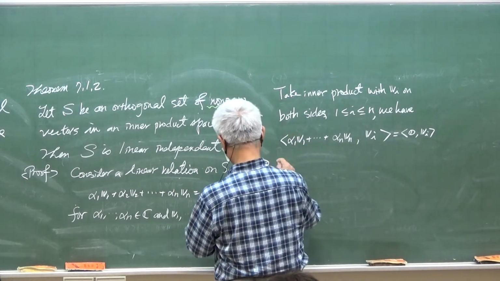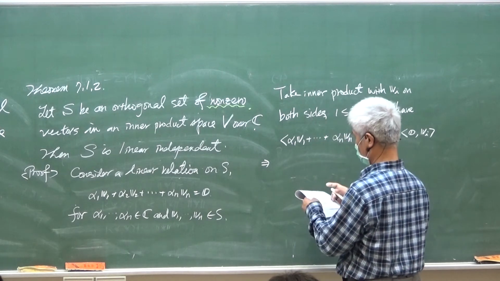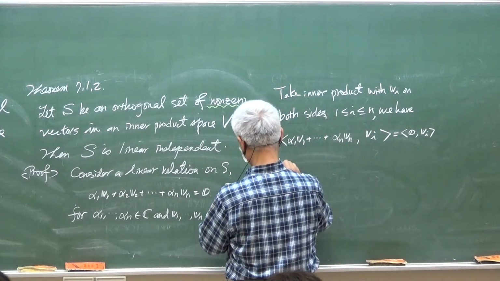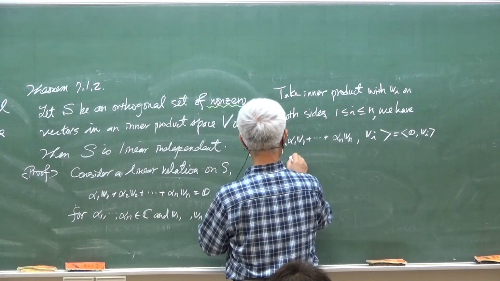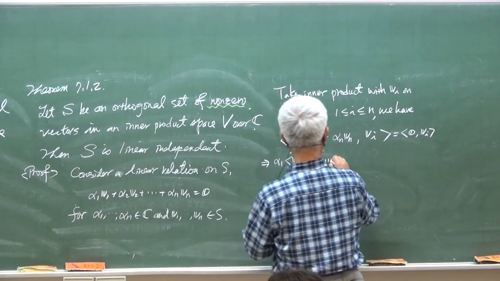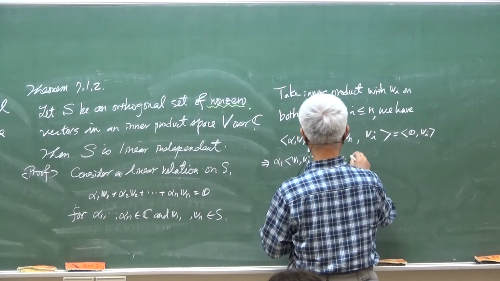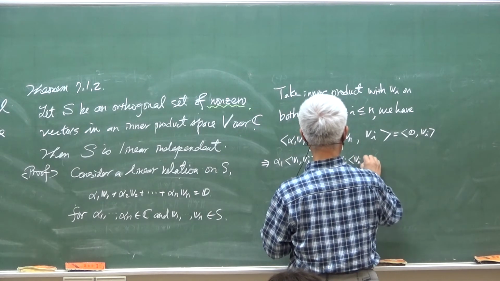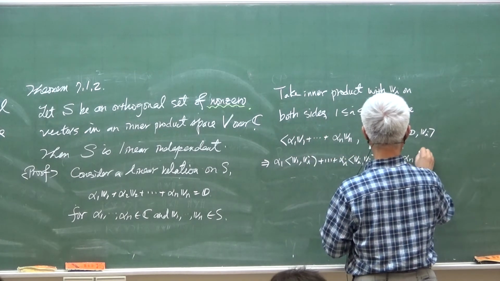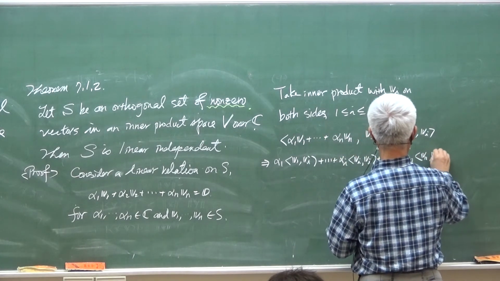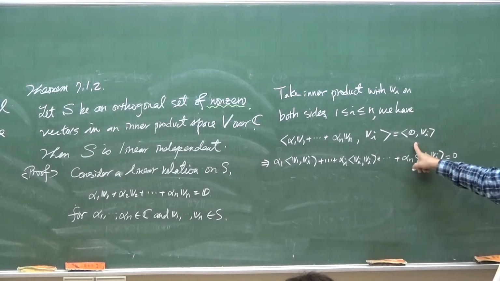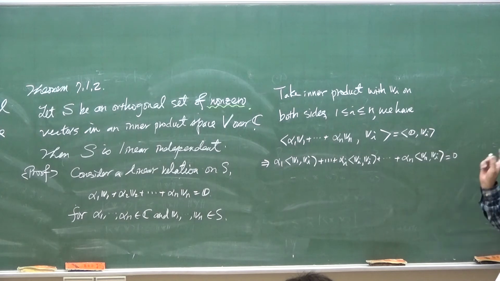By linearity in the first argument, we have alpha 1 <v1, vi> + ... + alpha i <vi, vi> + ... + alpha n <vn, vi> equals 0, because the zero vector's inner product with vi is 0.